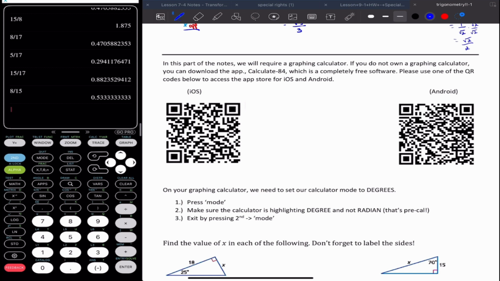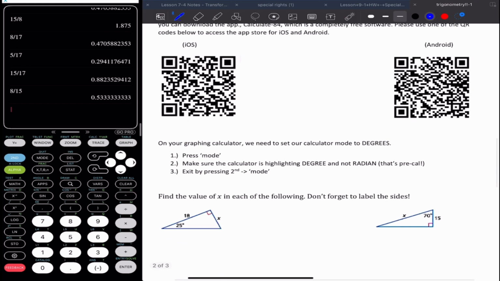This is a game changer, especially when you don't have that physical graphing calculator. This is completely free. You can download it. I have QR codes. Go ahead and whatever device that you have, scan the appropriate QR code and download the app and follow along through the notes. You need to know how to use the calculator here.